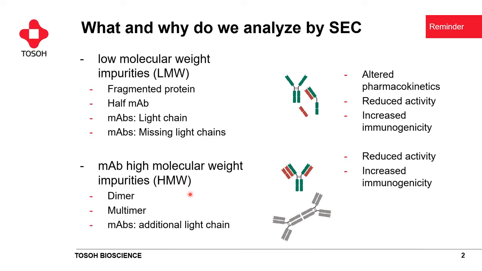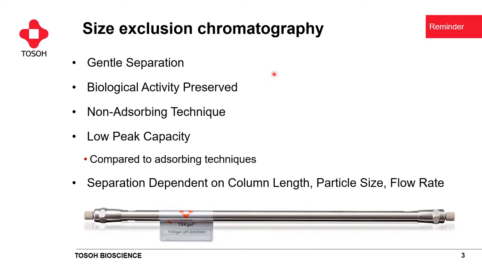On the high molecular weight impurity side, what we find is typically dimers or multimers, so any kind of aggregates of our desired protein, and also aggregation with some of the low molecular weight impurities. Again, we come across reduced activity and increased immunogenicity.